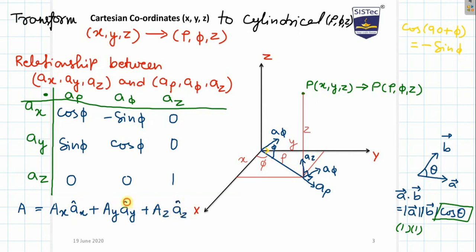Now this capital Ax, Ay and Az are representing the magnitude, and this small ax, ay and az are representing the direction.